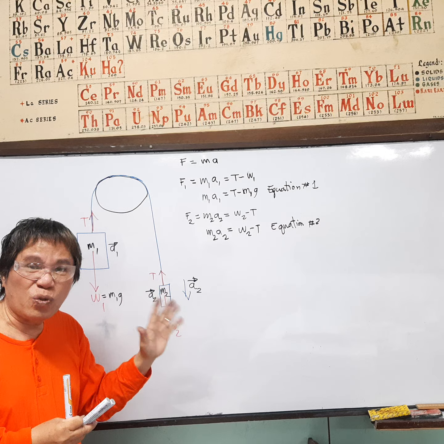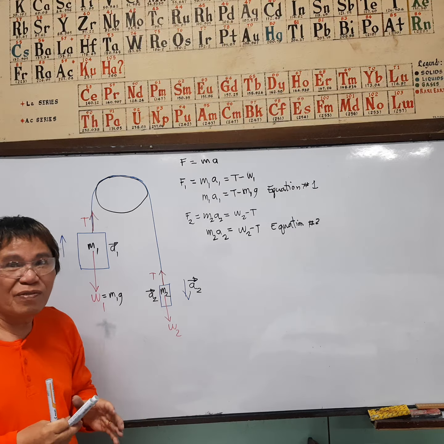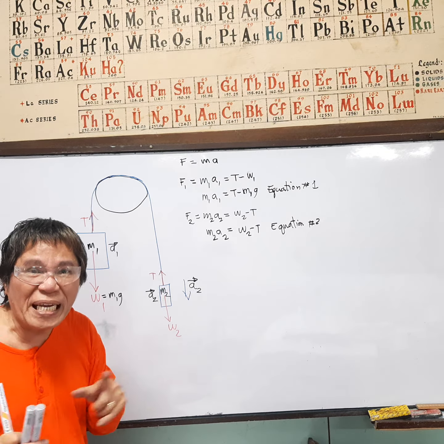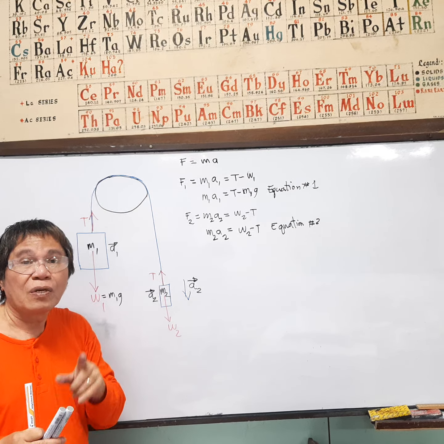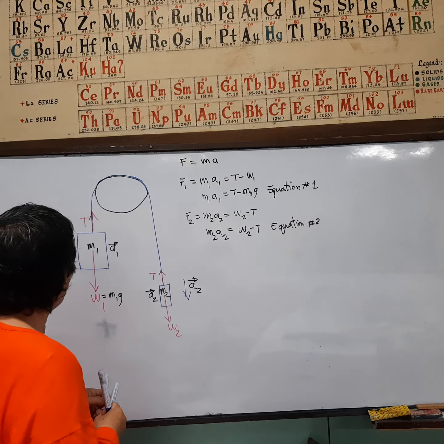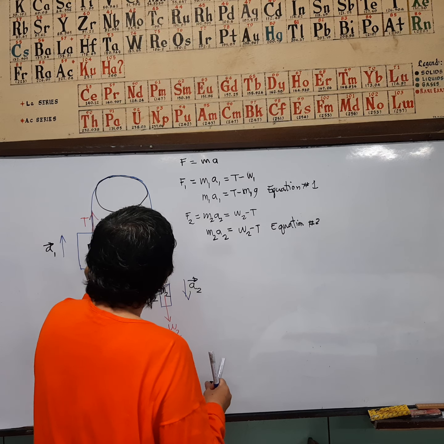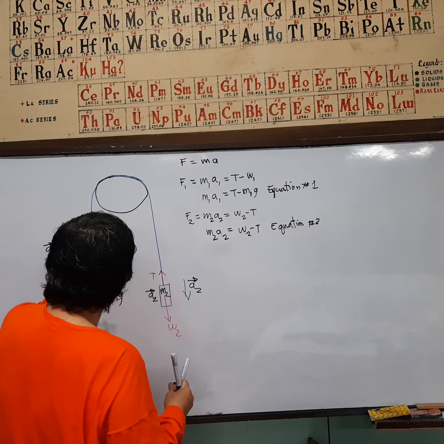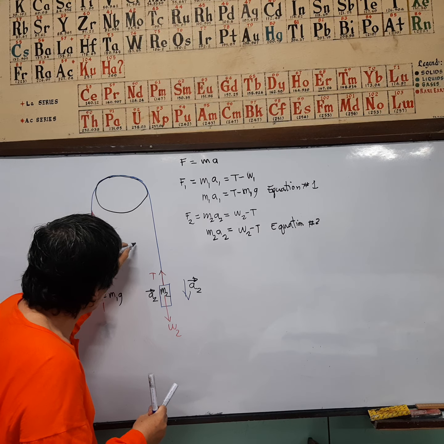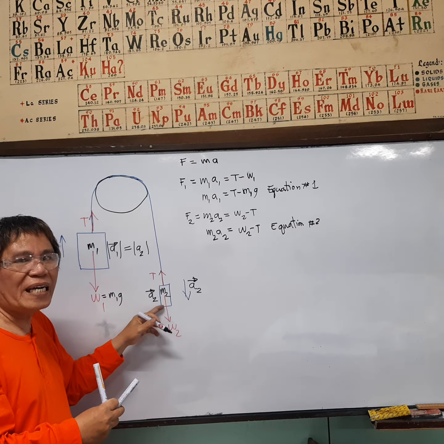So we get the magnitude only, scalar magnitude, because a magnitude is a magnitude. A direction is a direction. Combine them, magnitude and direction, and you have a vector quantity. Okay? So, the magnitude of the acceleration, the absolute value, of body 1 is equal to the magnitude of the acceleration of body 2.